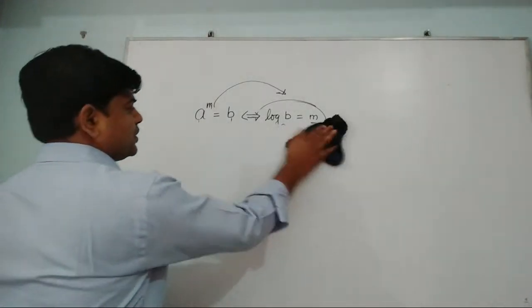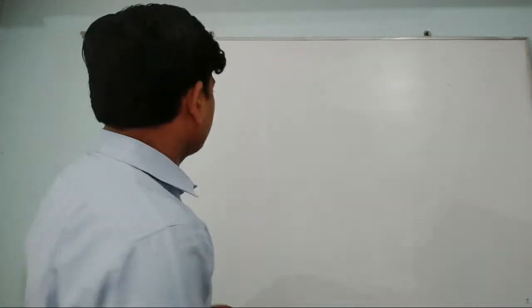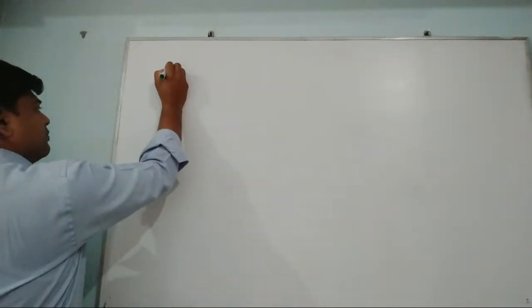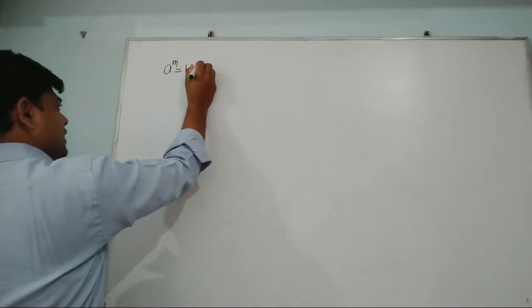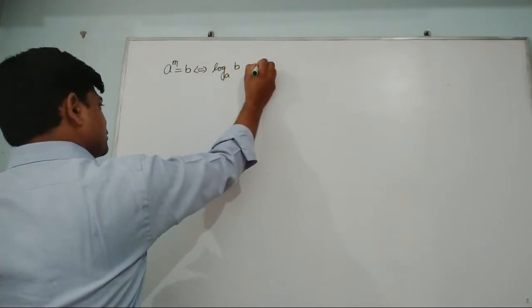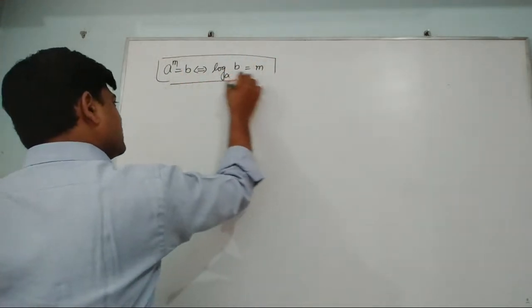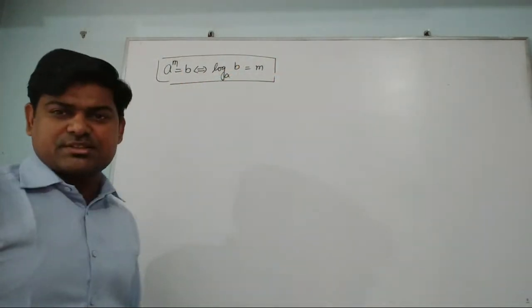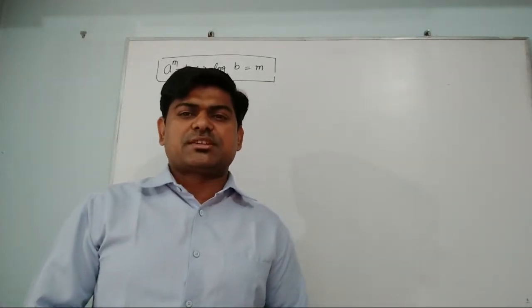So what I have written, I am just going to write it again in the corner of this board. Suppose I have written somewhere a to the power n is equal to b. This can be written as log base a of b is equal to n. This is one standard formula which will be used everywhere in this exercise.